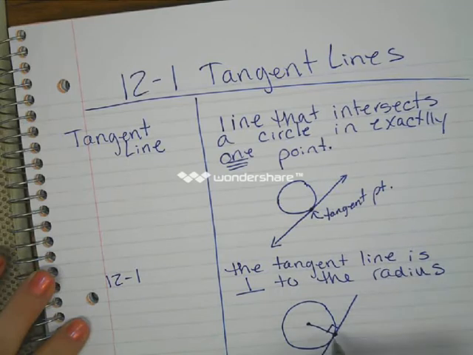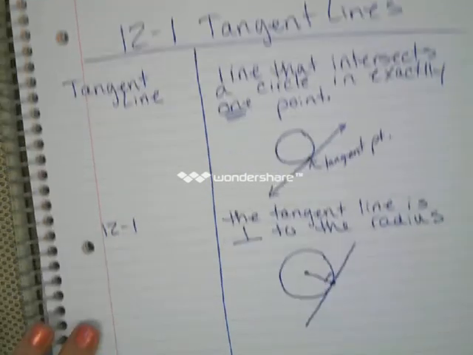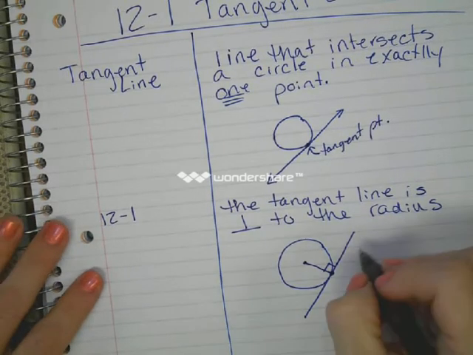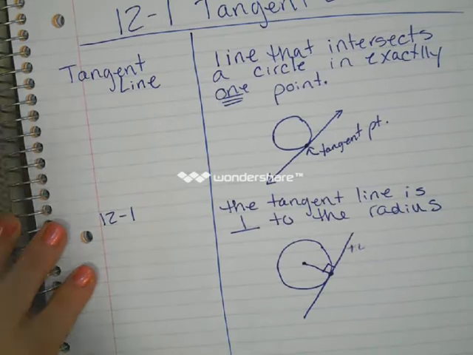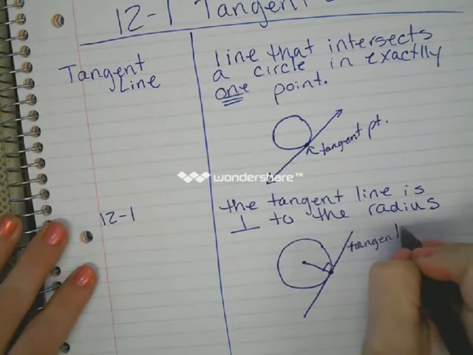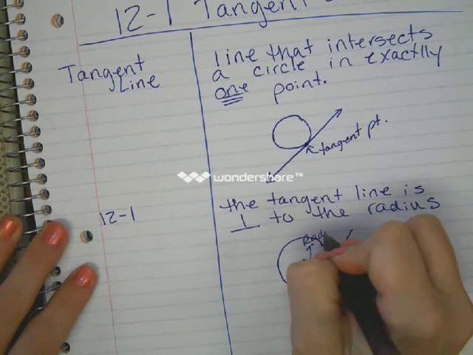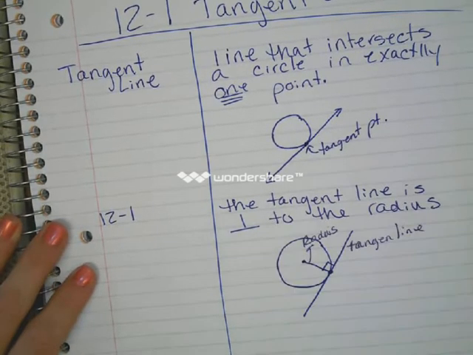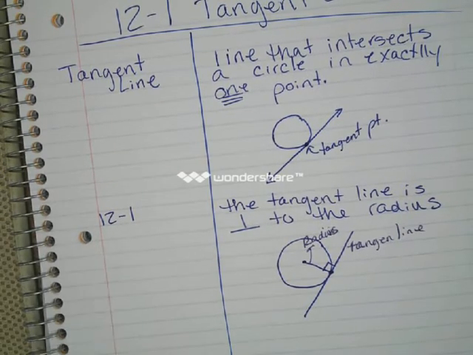So you know for a fact that that is a 90-degree angle. So again, this is my tangent line, and this is my radius line. And those two lines will always be perpendicular.